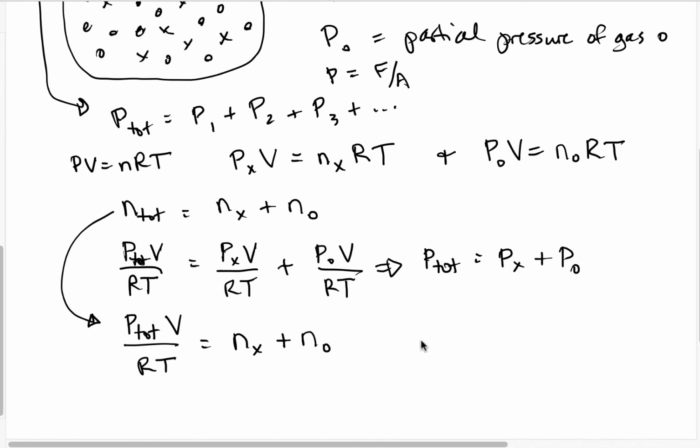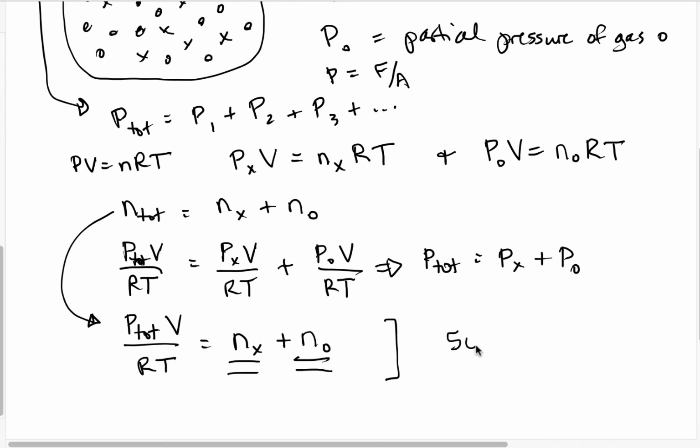And one of the ways that we talk about these instead is to say that the amount of each of our gases is contributing to the total pressure in a way that's relative to the number of moles, right?